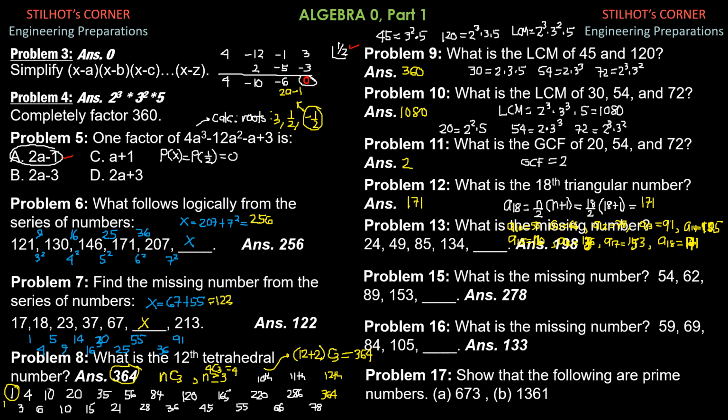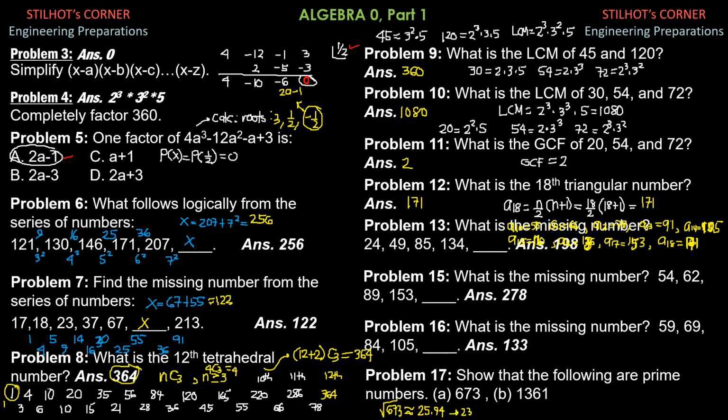This is the technique. The square root of 673 is about 25.94, and the closest prime number to 25.94 is 23.